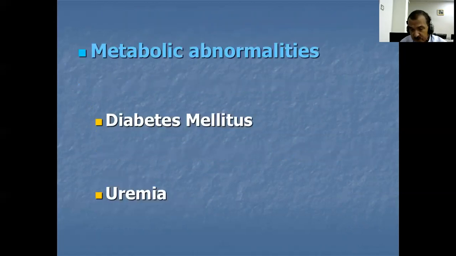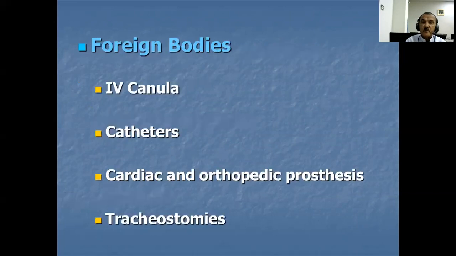Metabolic abnormalities which are associated with Staphylococcus aureus: diabetes mellitus and bulimia. Foreign bodies: IV cannula, catheters, cardiac and orthopedic prostheses, and tracheostomy. So these are the factors which are associated with various infections.